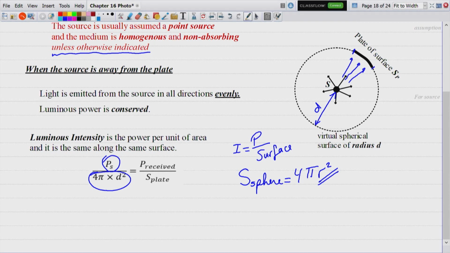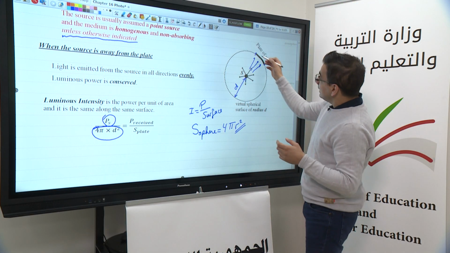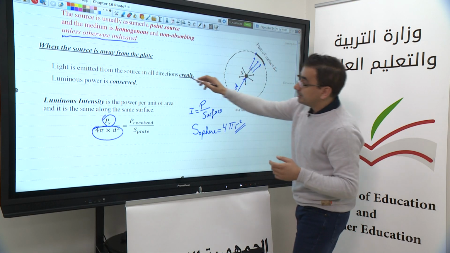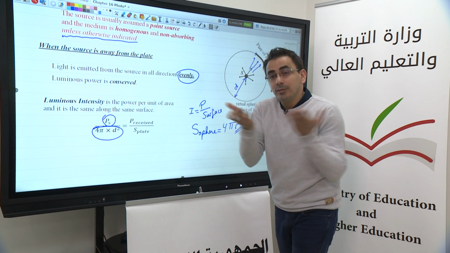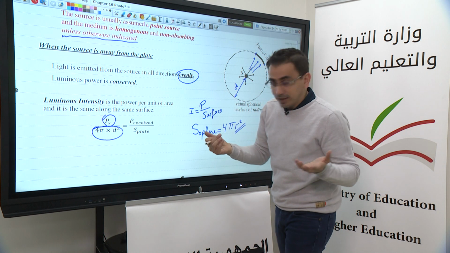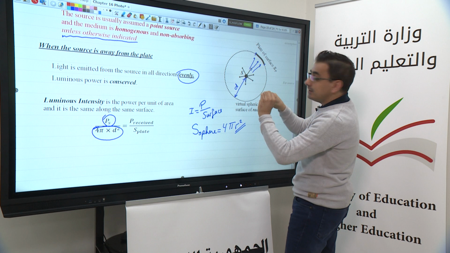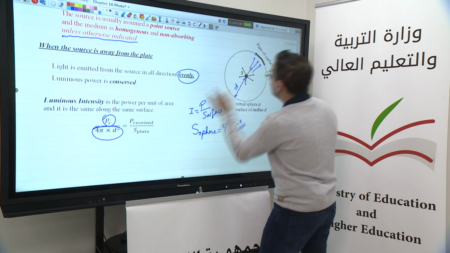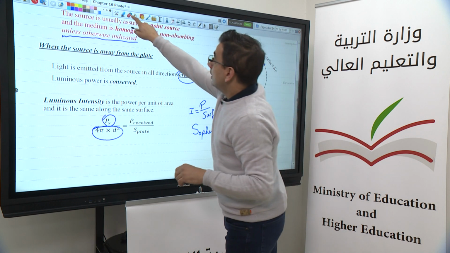And since the medium is homogeneous, we consider that the whole surface takes even intensity, equal wherever it is. So when we divide power by the whole surface, it comes out the same: this power divided by this surface. So this rule can be directly used.